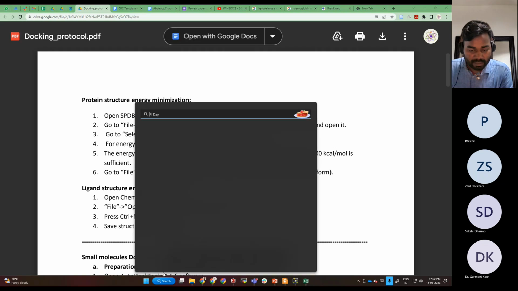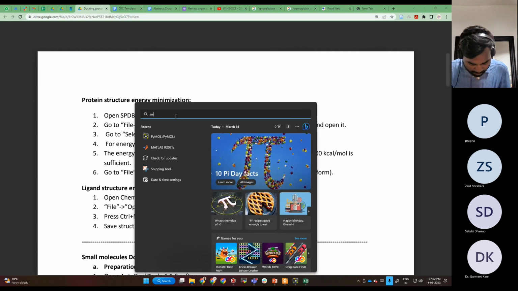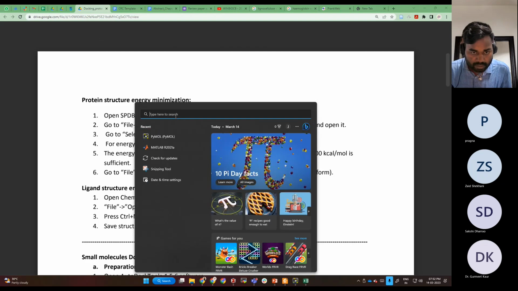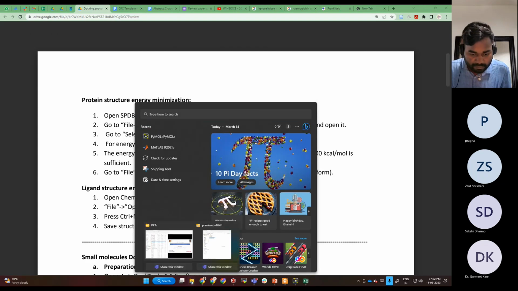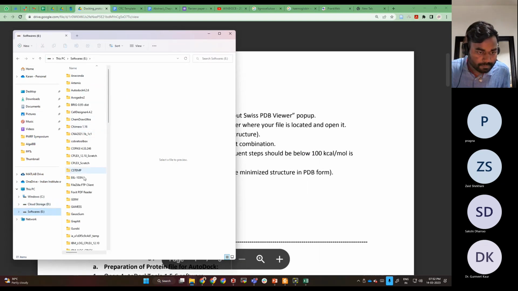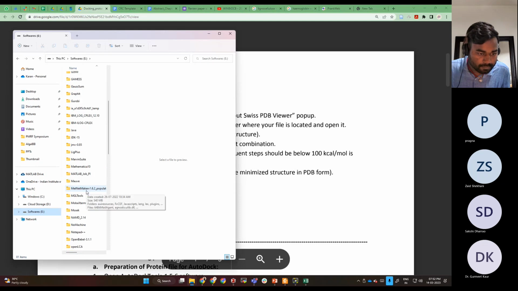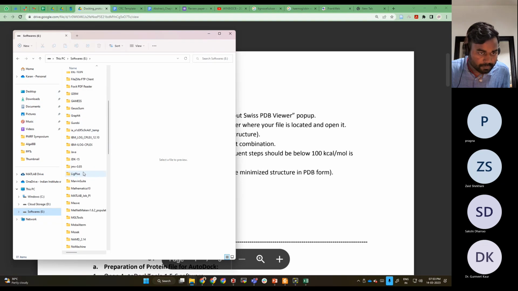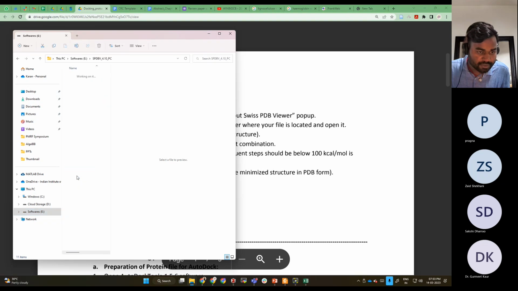Let me check if I have Swiss PDB viewer right now. I might have. SPV. Yeah, Swiss PDB viewer.